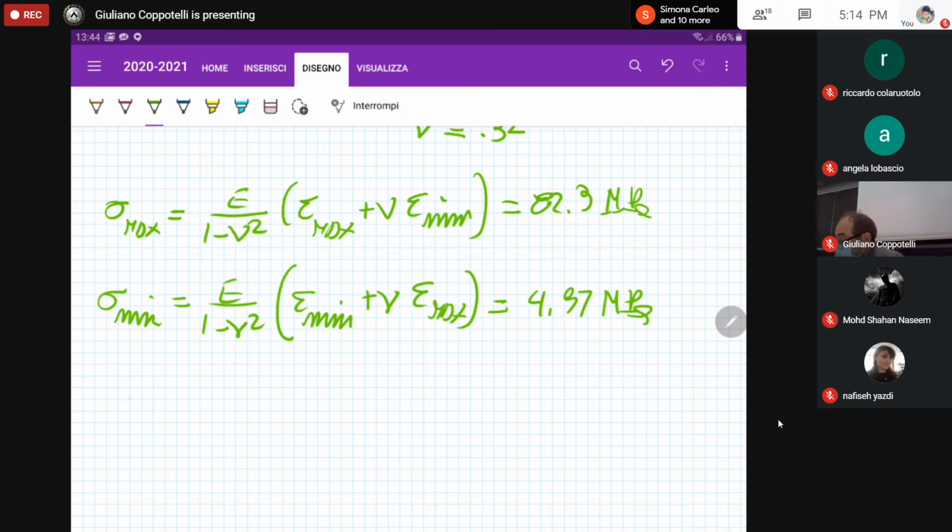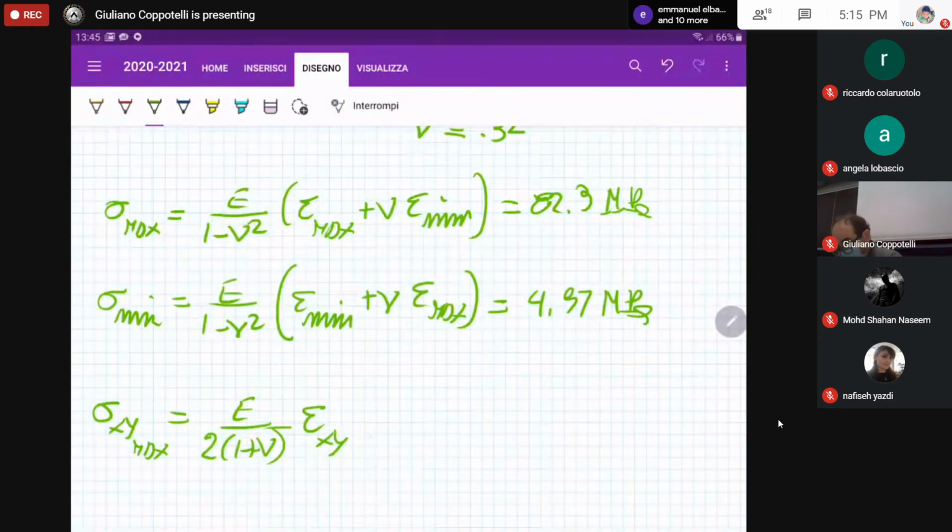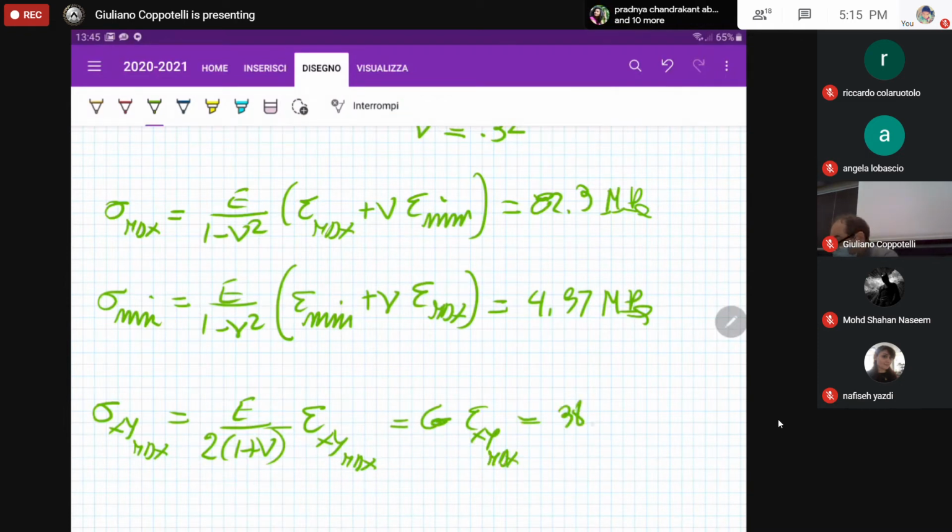The shear stress, let me call it τ_xy maximum, is E over 2(1+ν) epsilon xy maximum, that is G epsilon xy maximum, and we have that the value is 38.55 MPa.